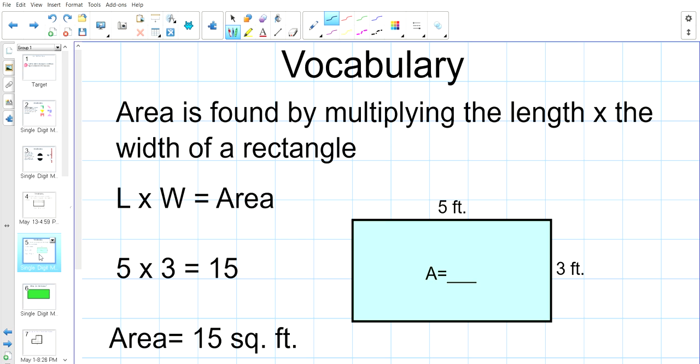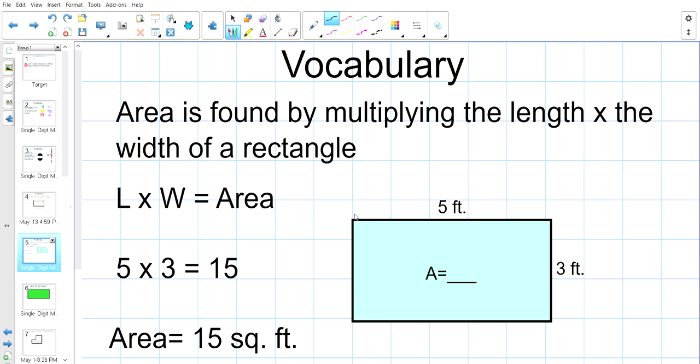Oftentimes, when we see a shape, we cannot see the square units inside of it. If you look at this teal rectangle here, you'll see we cannot see the square units it is covering. Thankfully, when we want to find the area of a rectangle, we can multiply the length times the width to find the total area. Length times width equals the area of a rectangle.